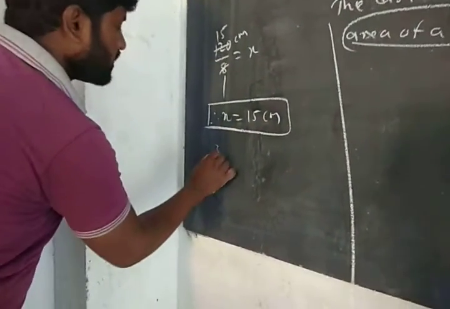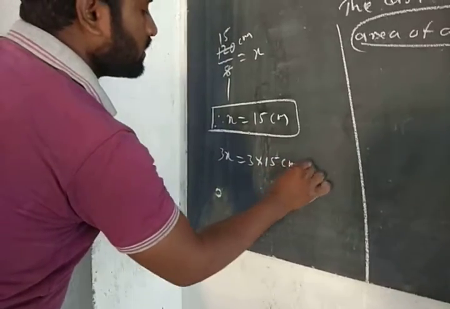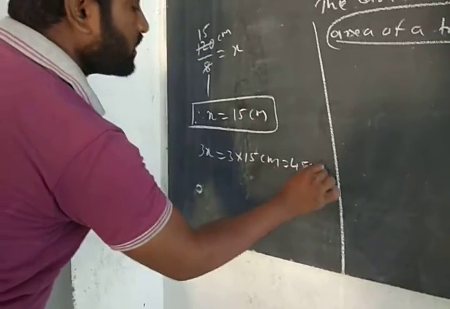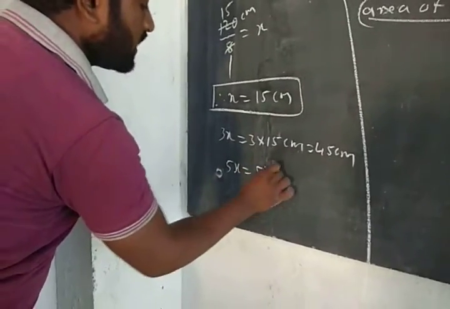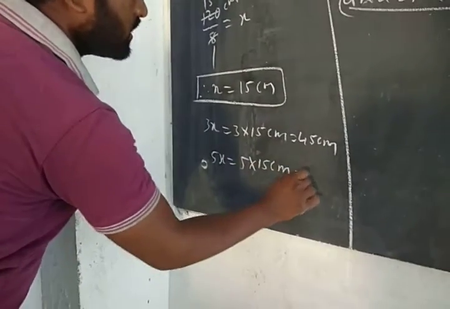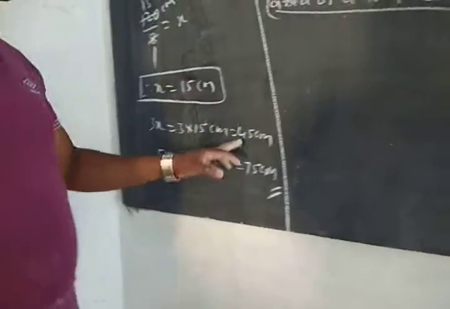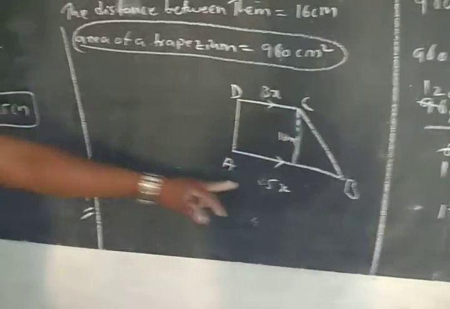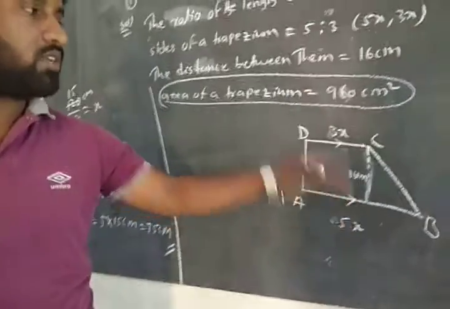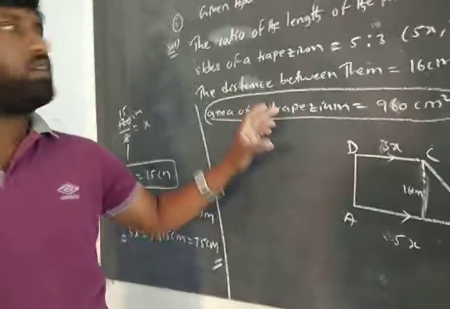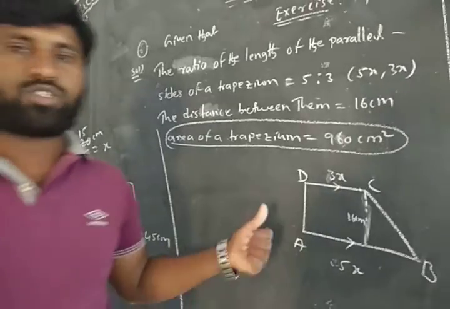Now 3x is 3 into 15 centimeter, that is 45 centimeter, and 5x is 5 into 15 centimeter, that is 75 centimeters. So 45 centimeter is 3x and 75 centimeter is 5x. These are the lengths of the parallel sides of the trapezium. So this is the required solution for that question. Thank you.